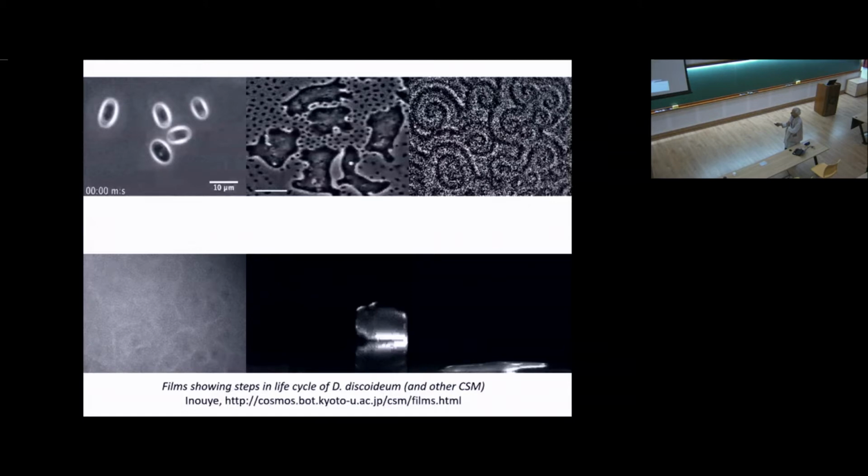How do I? Let me see if it works if I go to the screen. Is it doing something?